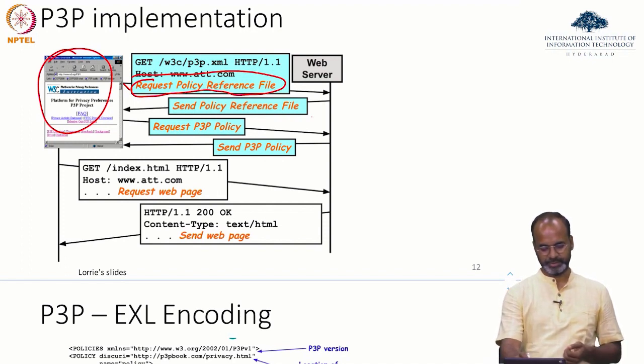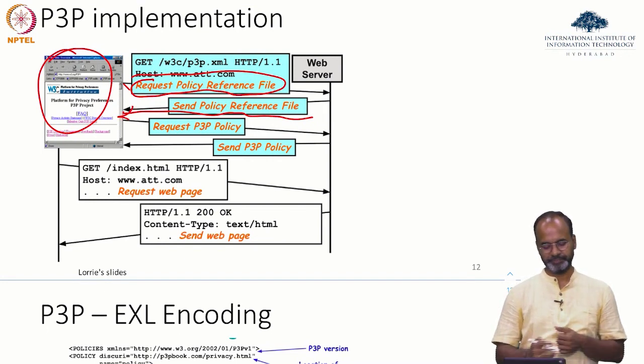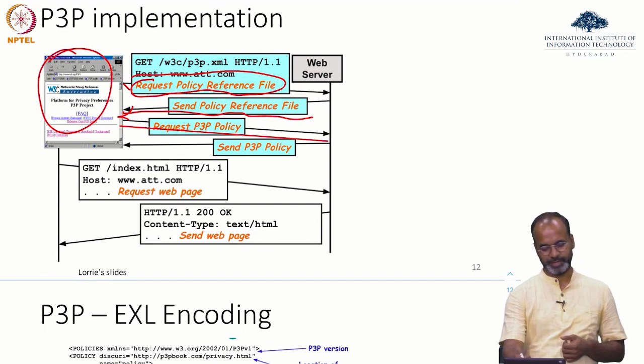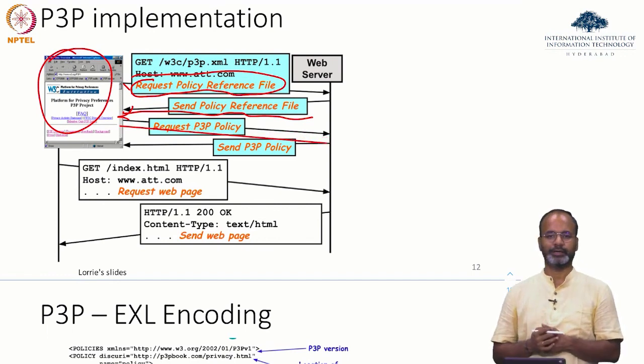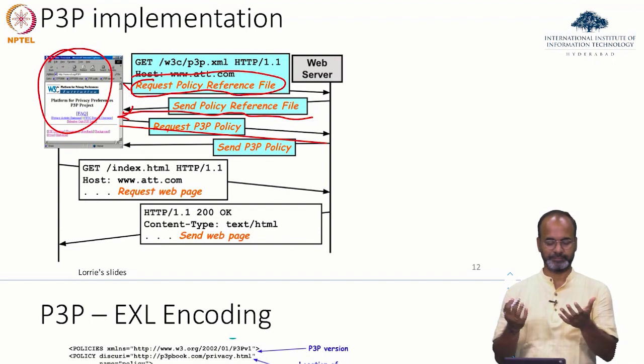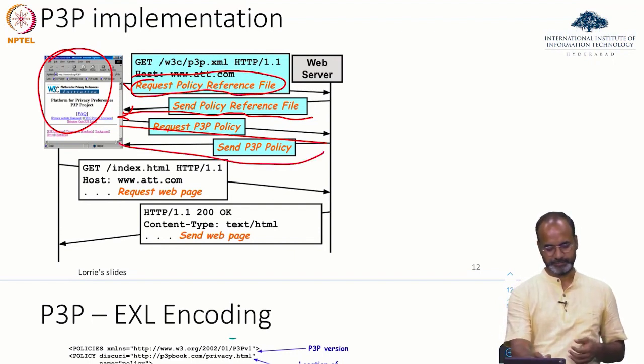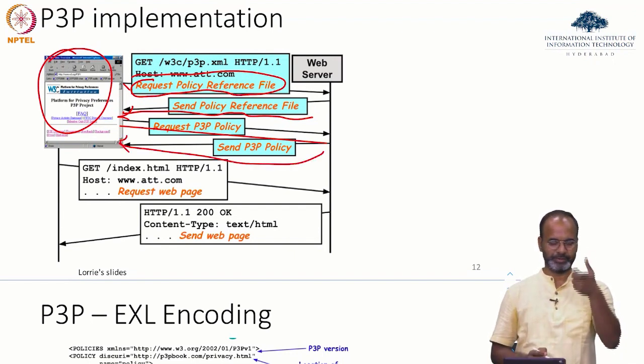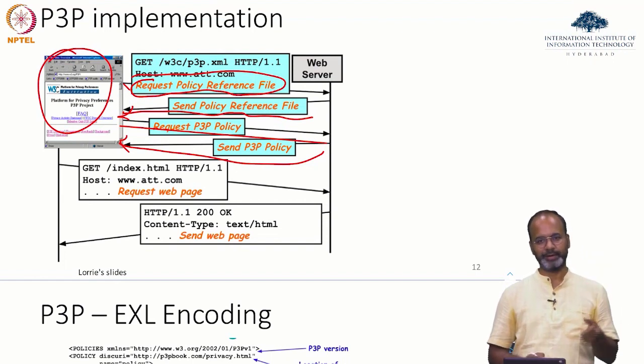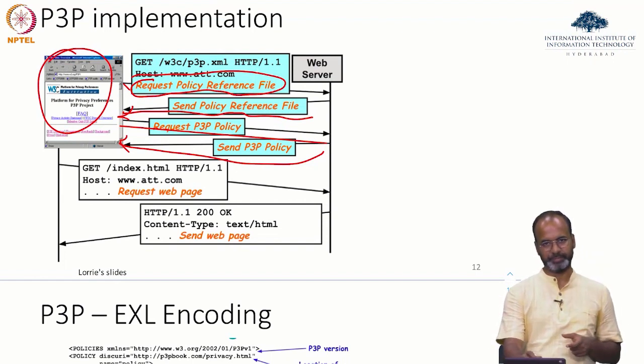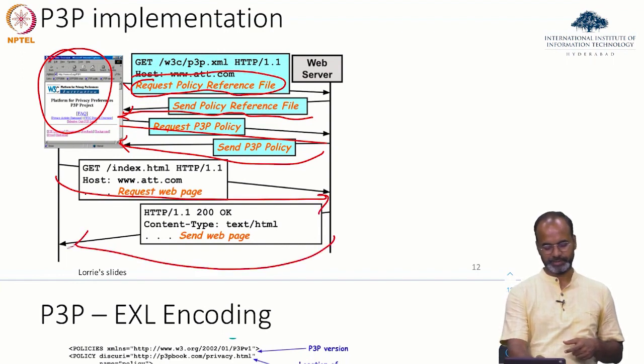And the web server says, okay, here is the location of my reference file, and then the browser makes the request for that particular P3P reference file, and the reference file is served. And now the web browser knows the P3P policy. Then the HTTP request is made and the page is served.